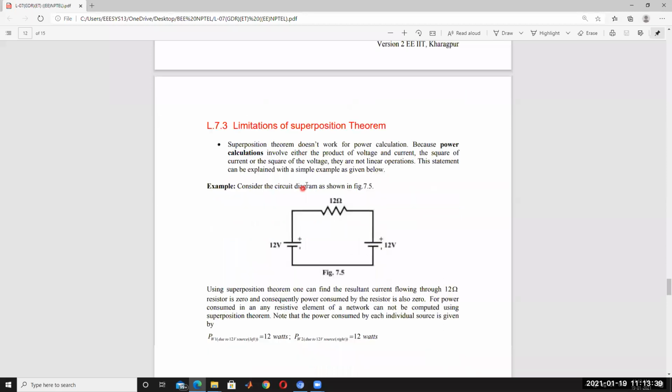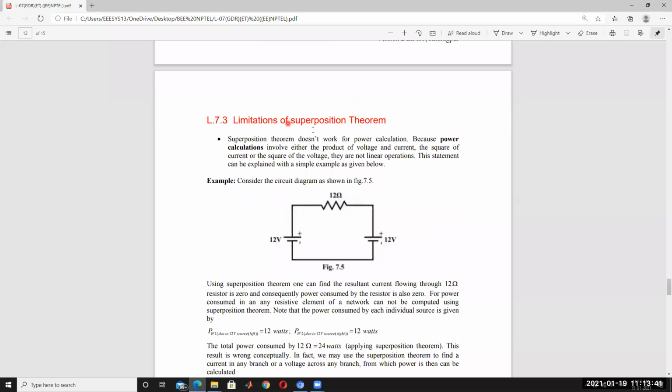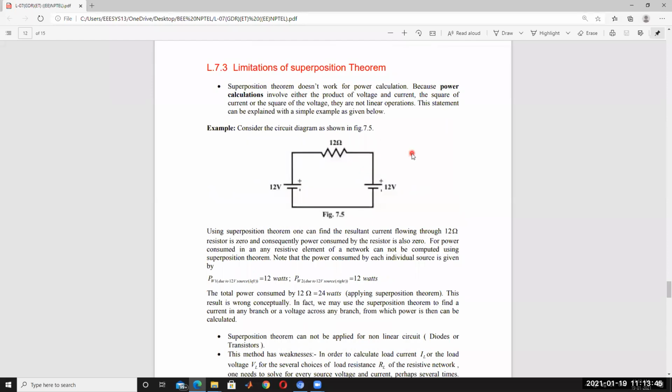Limitations of superposition theorem, all of you read this once, or otherwise write it in your notes. So what is the limitation of superposition theorem?